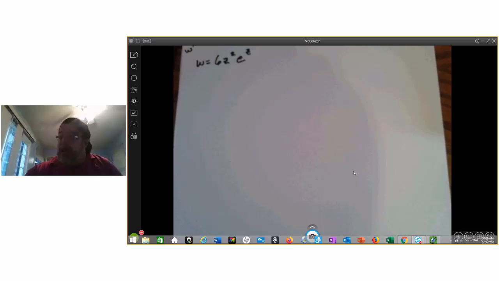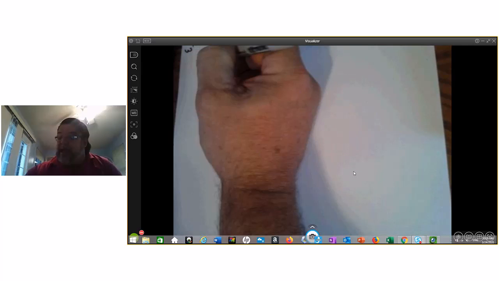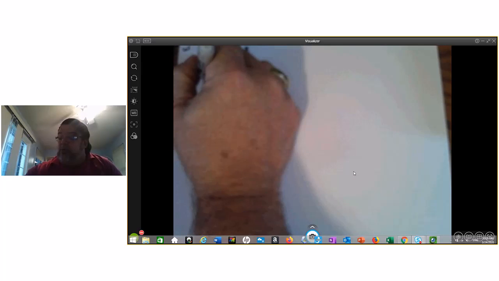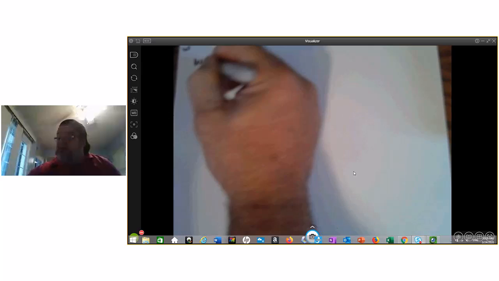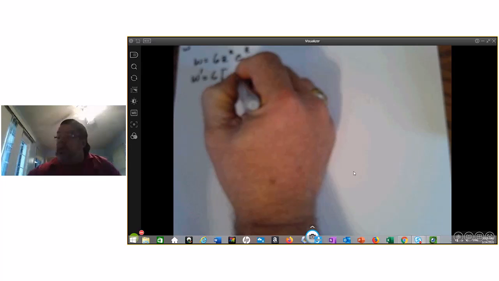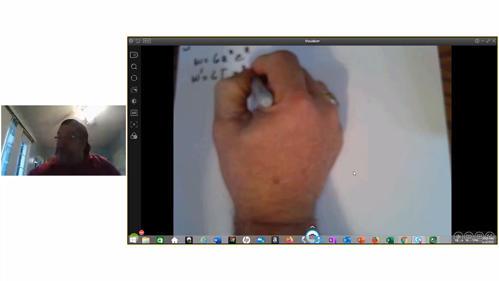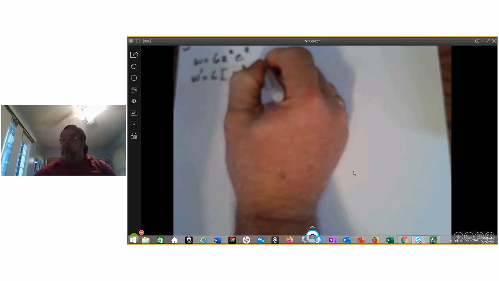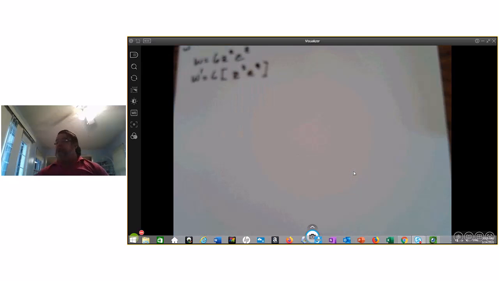So for W prime, I'm going to pull that 6 out, and W prime is equal to 6 times the quantity z squared e to the z, because I'm going to do the product rule with those two.